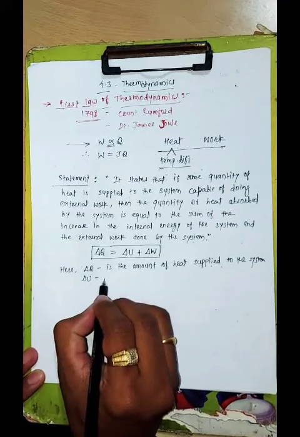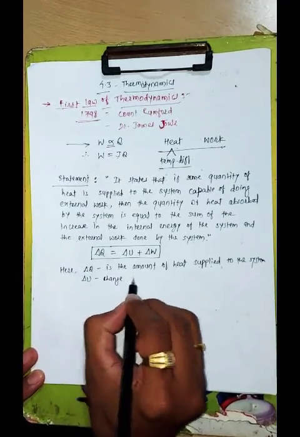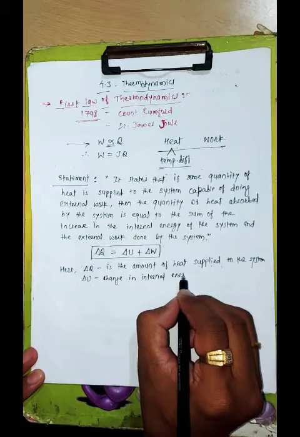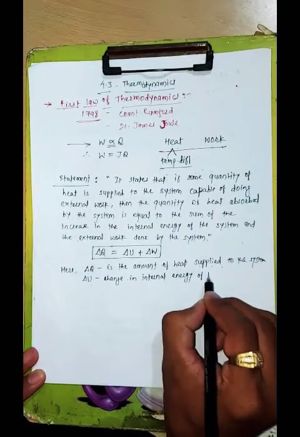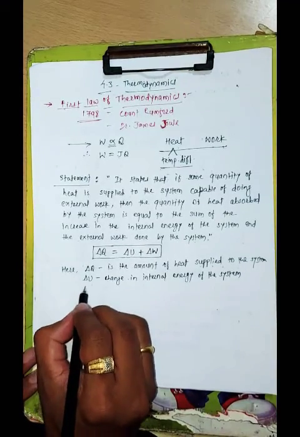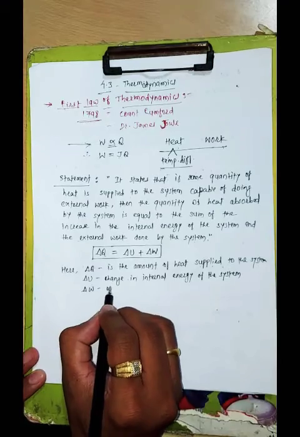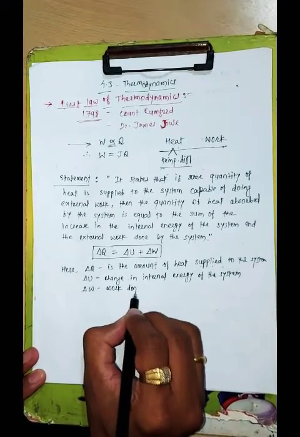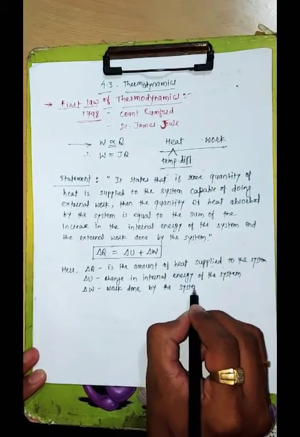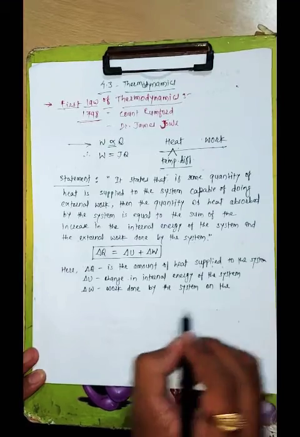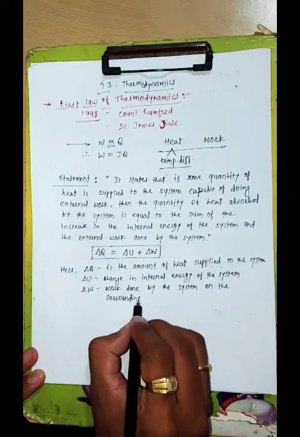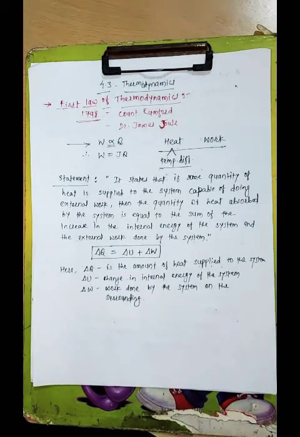Delta U is the change in internal energy of the system, and delta W is the work done by the system on the surroundings. So basically this is your first law of thermodynamics.